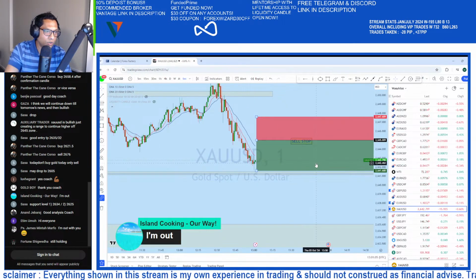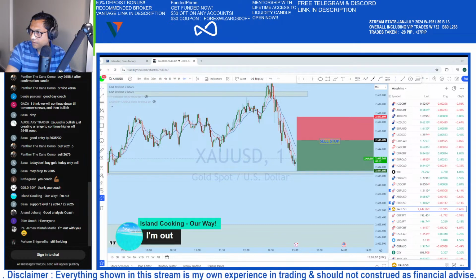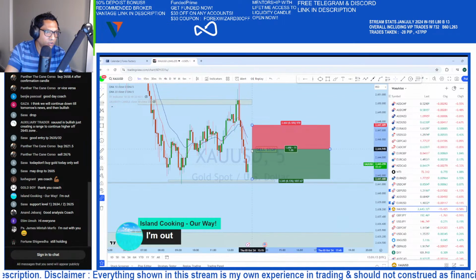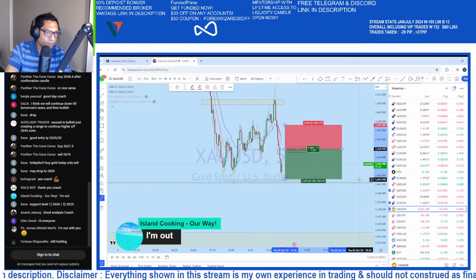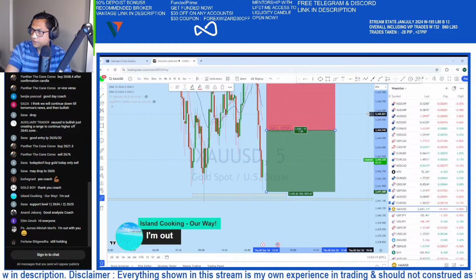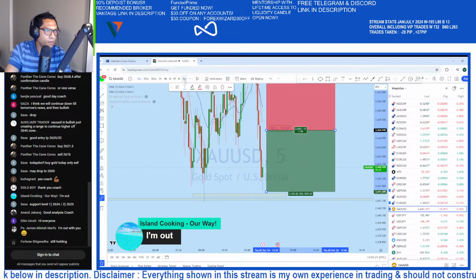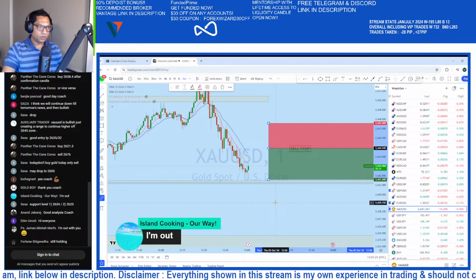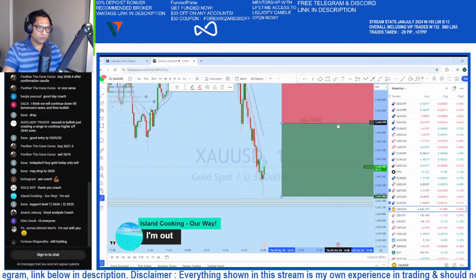The bias here, we can see that now on the 5 minutes, looking at support again, the trend is still bearish.